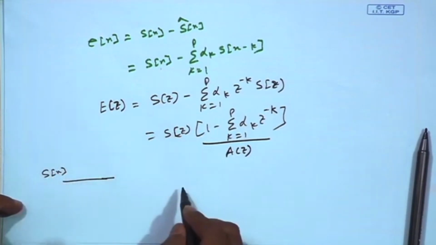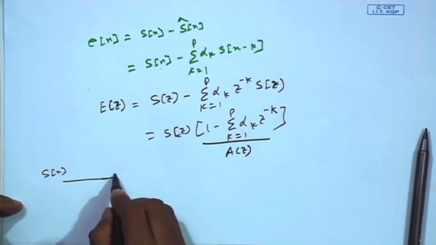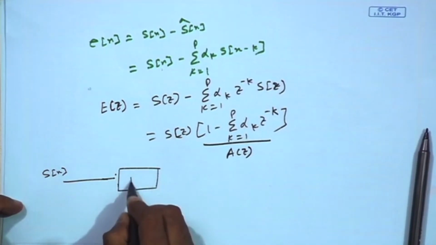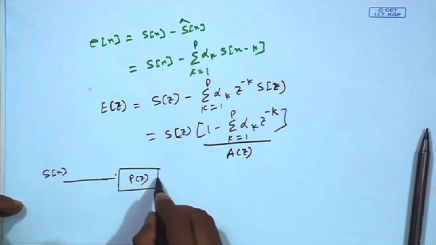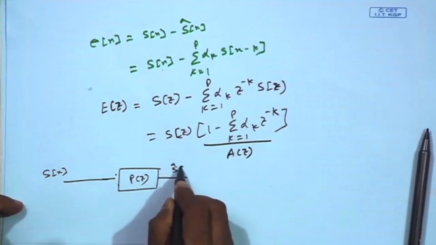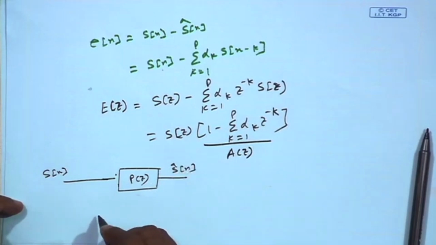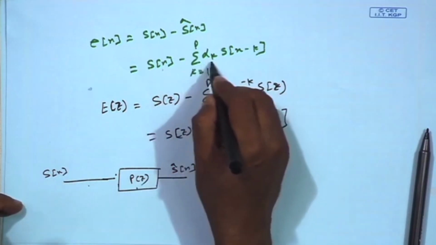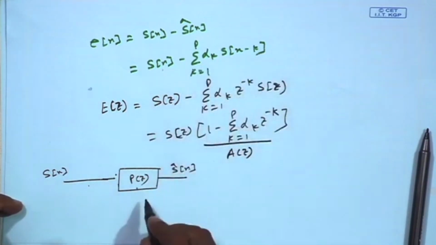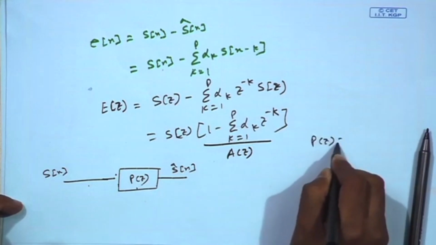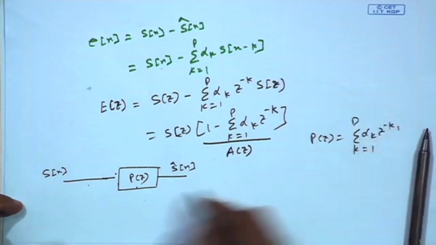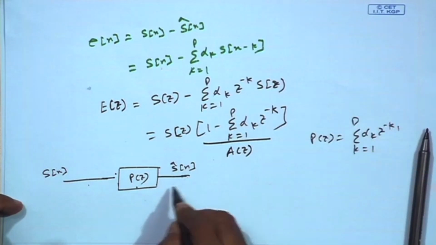If I pass this signal through an estimator, let us call it P(z), I can get the estimated signal, which is ŝ[n]. So the previous samples of s[n] are passed through an estimator, which is nothing but the sum of alpha_k s[n-k]. P(z) is nothing but the sum for k equal to 1 to p of alpha_k z to the power minus k, and I get the estimated signal.